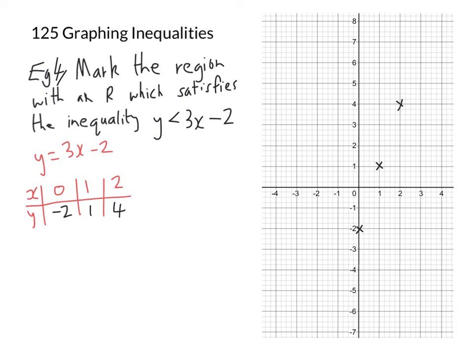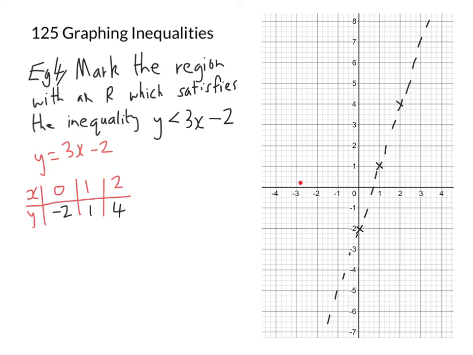However, it's going to have to be a dashed line because it's not allowed to be equal. Again, you should use a ruler for this. And again, you should also label the line. Then, next thing is to figure out, well, where is the region that y is less than 3x minus 2?